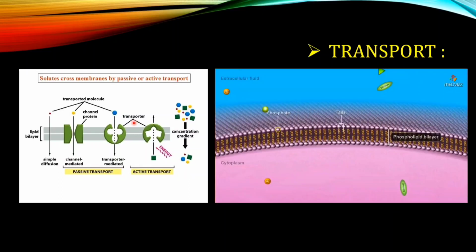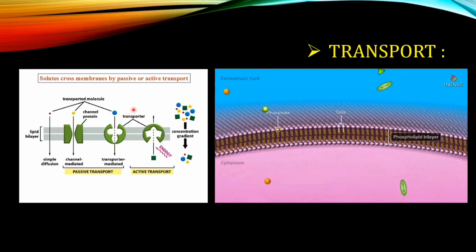Water has this property, so it passes through the cell membrane via channel protein. Water is a hydrophilic molecule. Naturally, water should travel from high to low concentration, but because of its hydrophilic nature, it doesn't pass through the hydrophobic lipid bilayer by general diffusion.